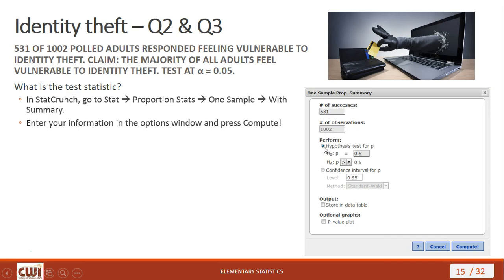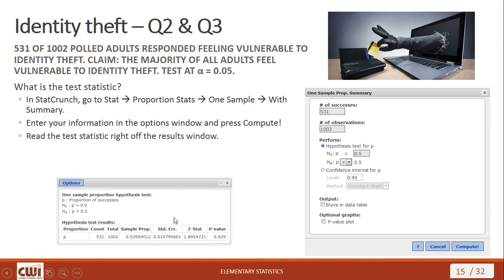The default option is the hypothesis test, so that radio button doesn't need to be changed. The claim value is 0.5, and we're going to put the greater than sign for our alternative hypothesis. Once we've made those inputs, we can go down to the bottom and press Compute. And out pops this result window.